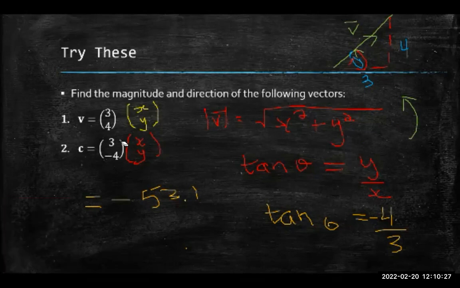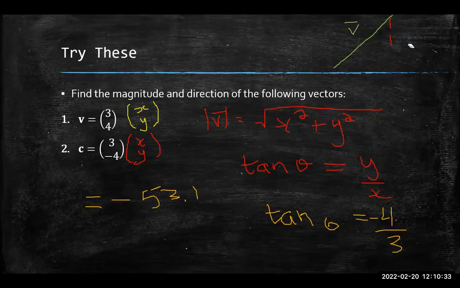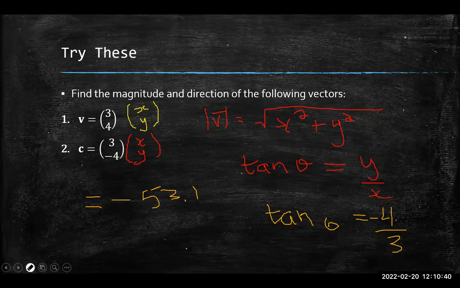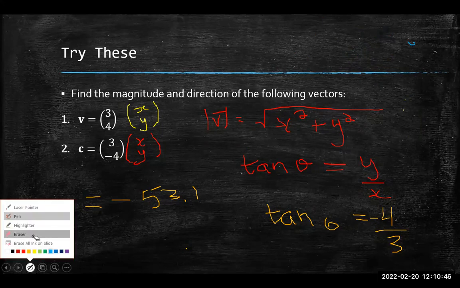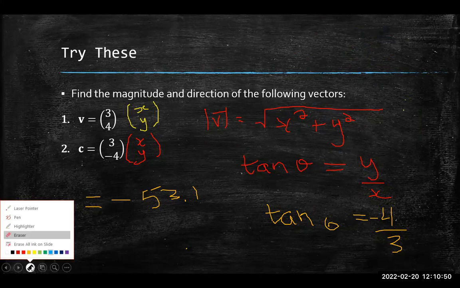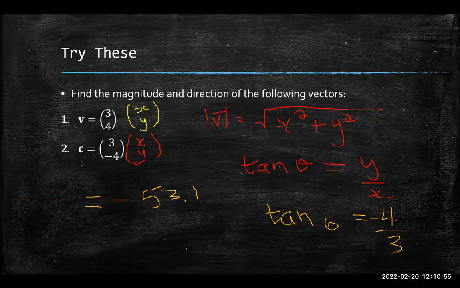But if I drew that diagram, whatever that vector diagram looked like, let's say this was my starting point. So I want to draw this vector, right? I drew my Cartesian plane, though you don't really have to draw one, but I just want to do a quick sketch of that.